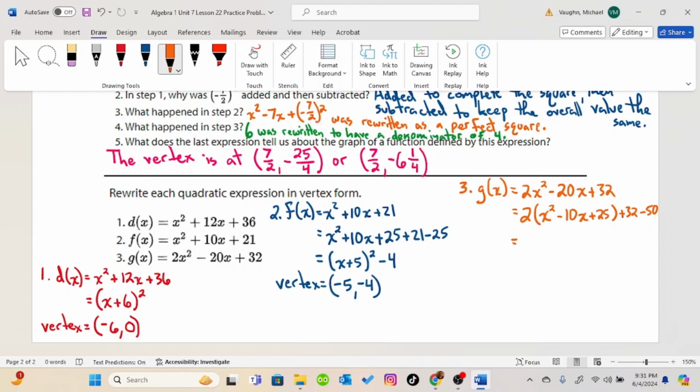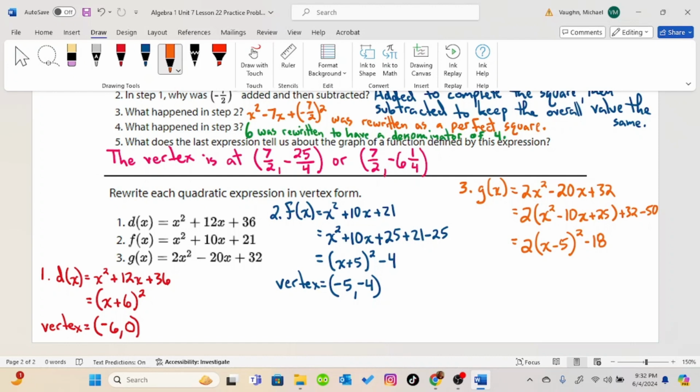So now I can write this in perfect square form. We've got 2 times x minus 5 squared minus 18, because 32 minus 50 equals negative 18.